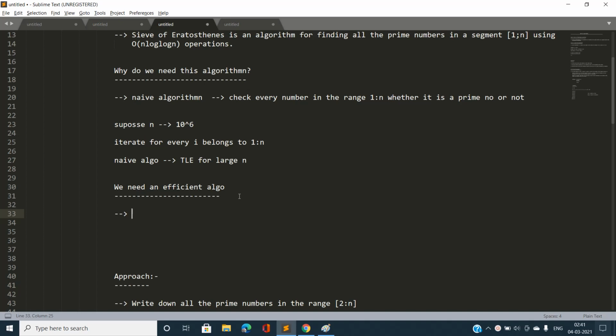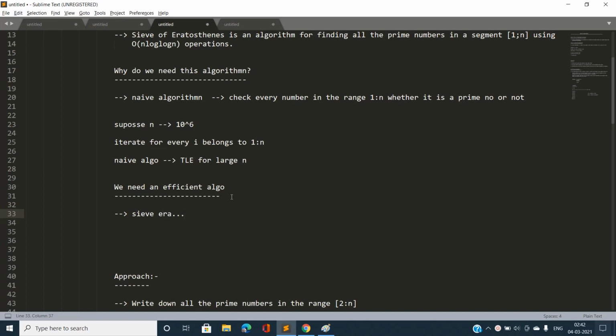That is the very best way to compute the prime numbers in the given range. So I'm going to explain how we can compute the prime numbers using the Sieve of Eratosthenes algorithm in the most efficient way.